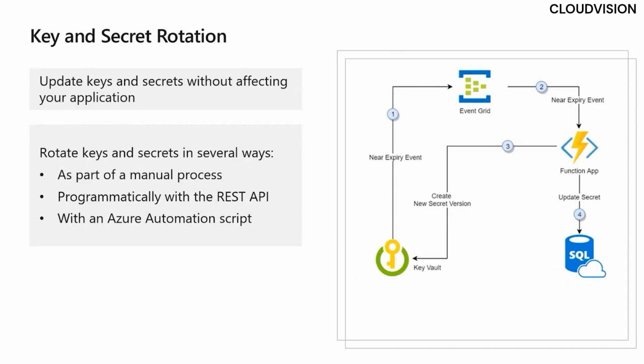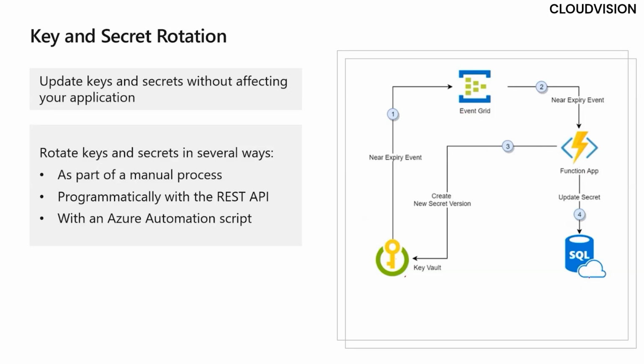Next is key rotation. Now in a real-time environment, if you talk about the production environment, we actually use the key vault with many other logics, with many other services. You have your key vault, which is further connected to the event grid, and the event grid is further connected to the function app.